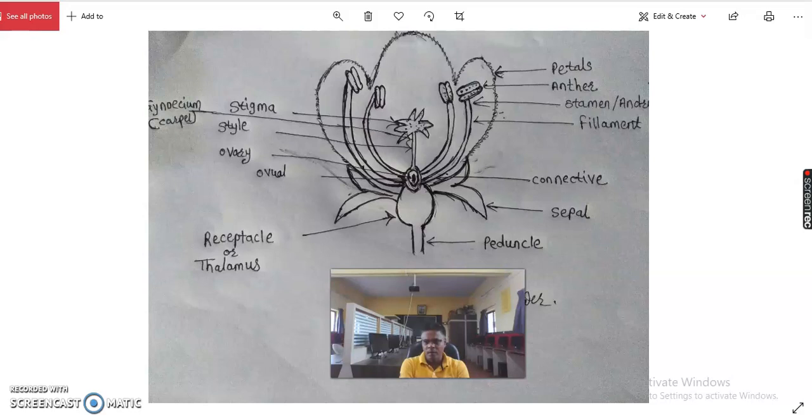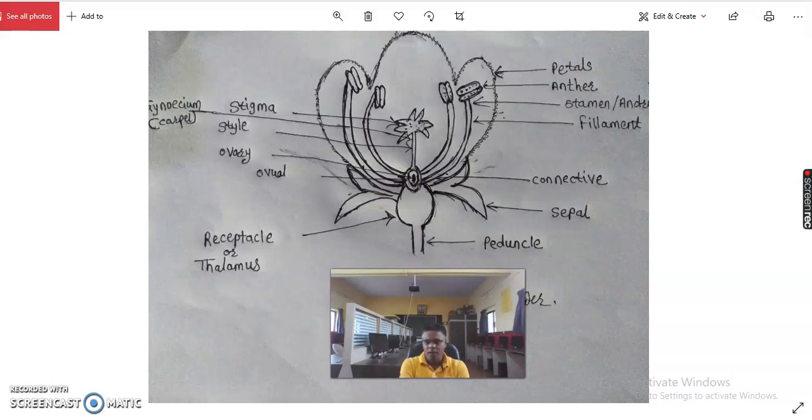Anther is the upper fertile part of the stamen. Each of the two anther lobes has two chambers, called the pollen sac or microsporangia.